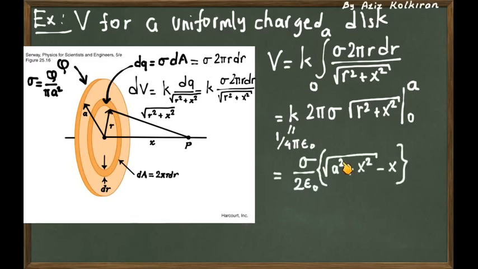So the end result, in terms of the charge density, is sigma divided by 2 epsilon 0 times, in parentheses, the square root of a squared plus x squared, minus x. Here x is the distance of the point in question to the center of the disk, and a is the radius of the disk.